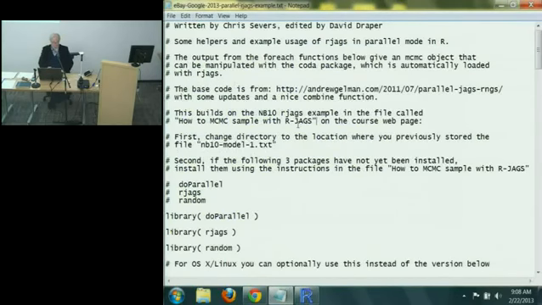Then we're going to need 3 packages from CRAN, the Comprehensive R Archive Network. And so I gave you instructions on how to install packages in that file, How to MCMC Sample with RJAGS. So if you haven't installed them already, you need to do that now.